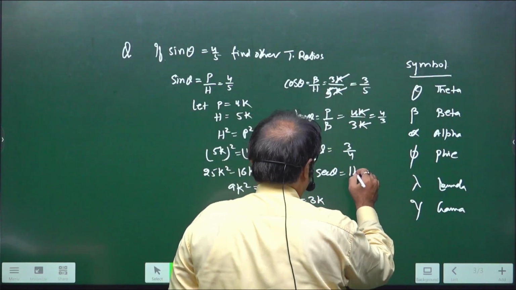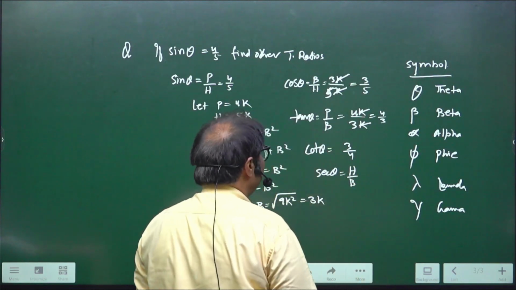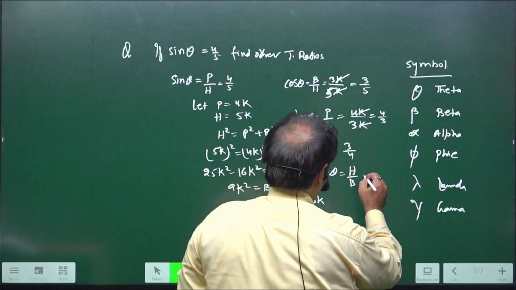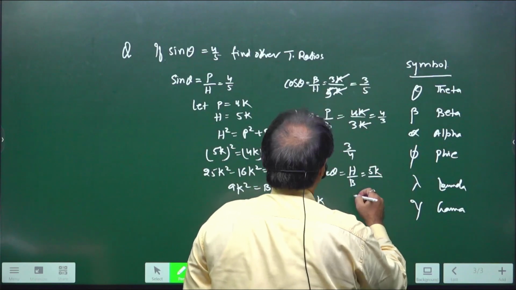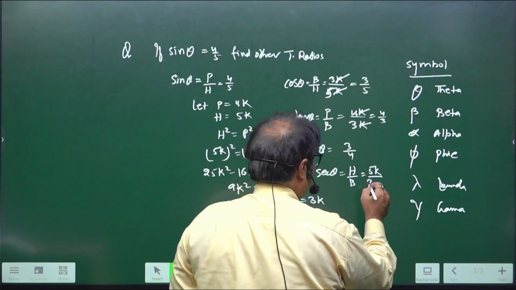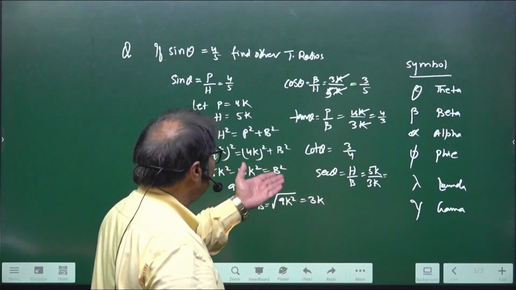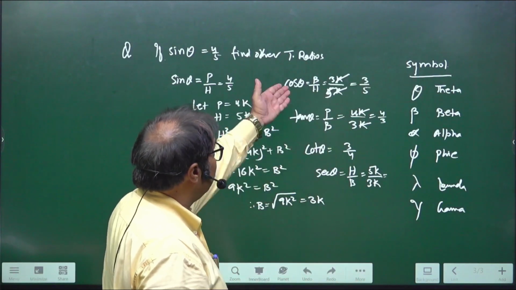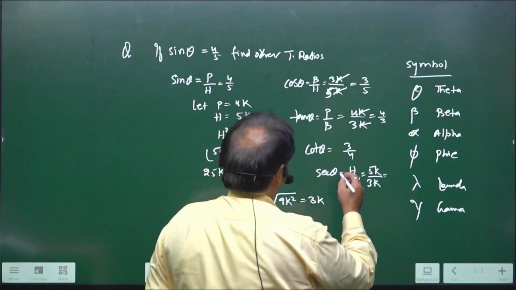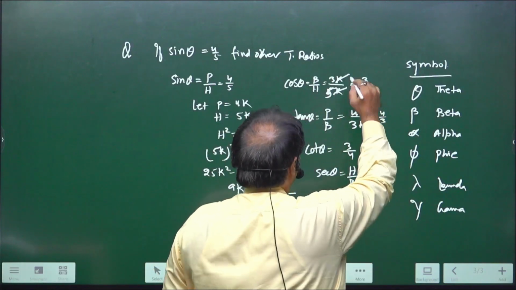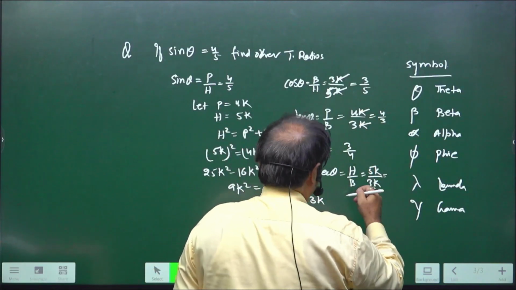You may write H by B, hypotenuse upon base, and the value of H is 5K and base we have calculated as 3K. Or directly we can write that sec theta is the reciprocal of cos theta.